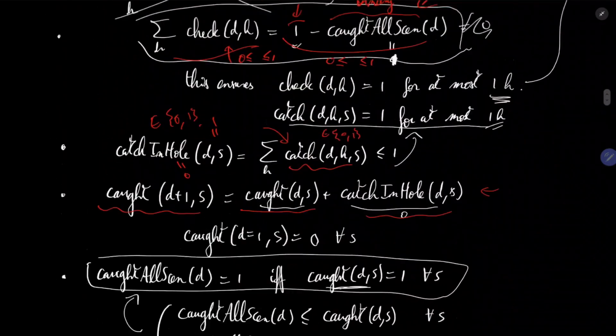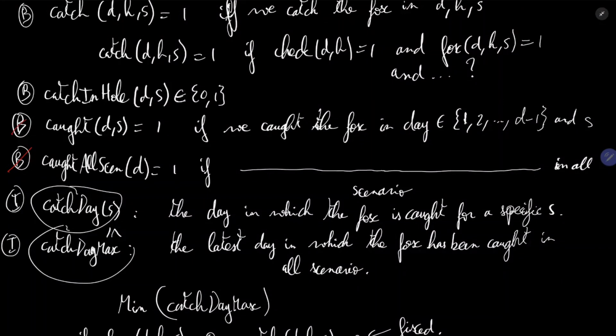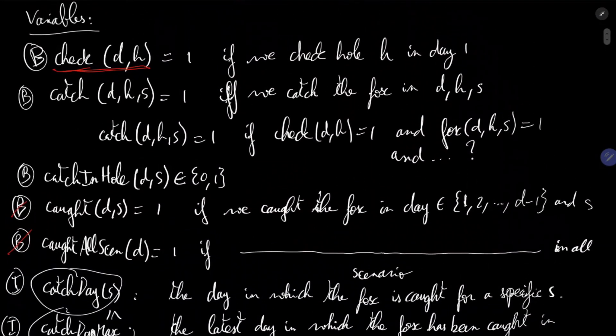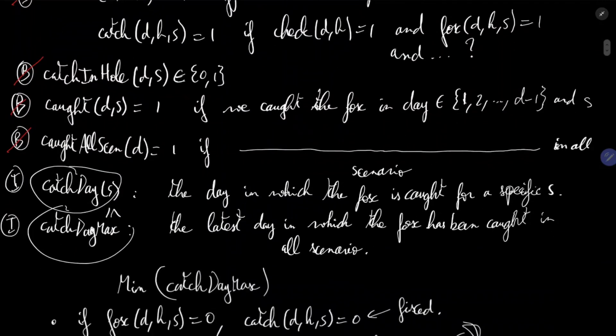So at the end, what we have is that cut DS is implicitly binary, so we don't have to define it as binary. Catch in all is also implicitly binary. Catch is also implicitly binary. Catch day will be equal to a sum of a product of integers, so it will be implicitly an integer.